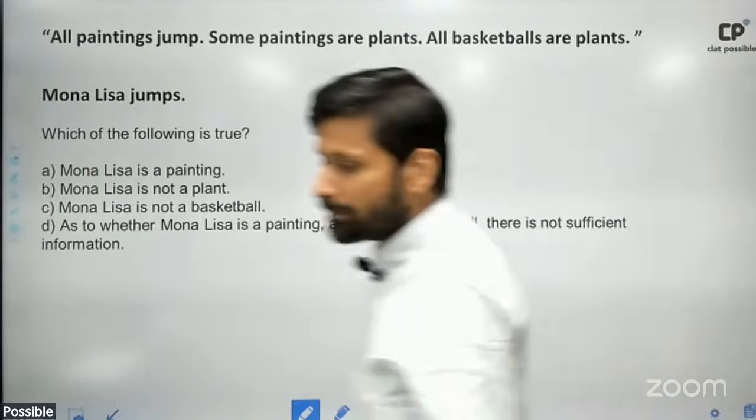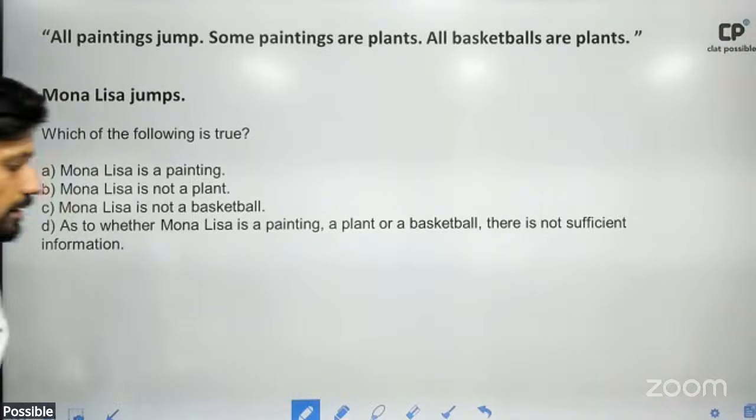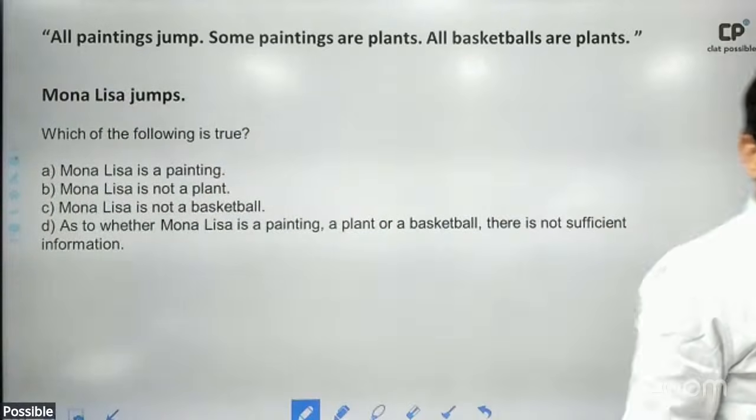Okay, keep solving them, people. All right. So let's look at the diagram here.